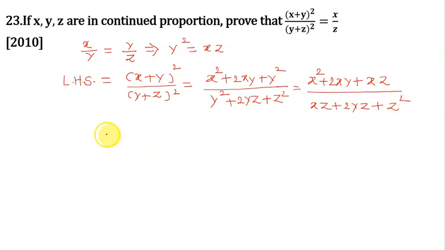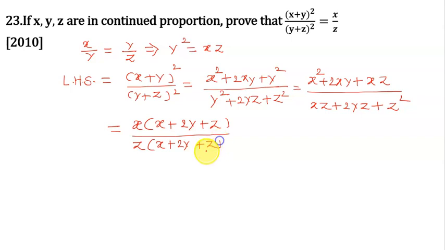From the numerator, take x as common. Then in bracket, you will get x plus 2y plus z. And from the denominator, take z as common. Then in bracket, you will get x plus 2y plus z. And from the numerator and denominator, these two terms get cancelled.